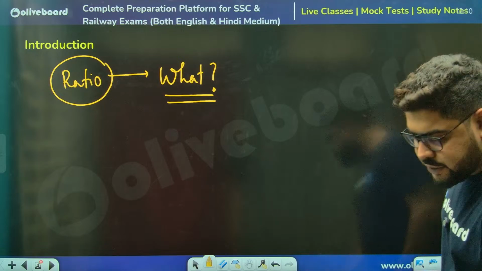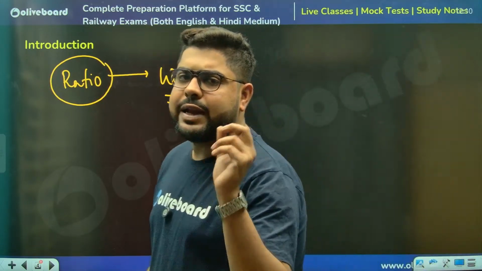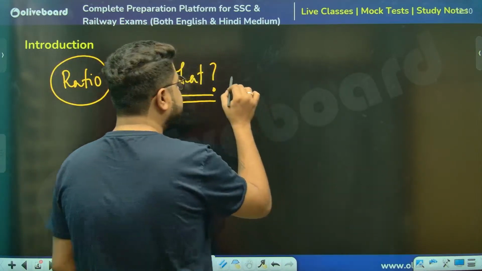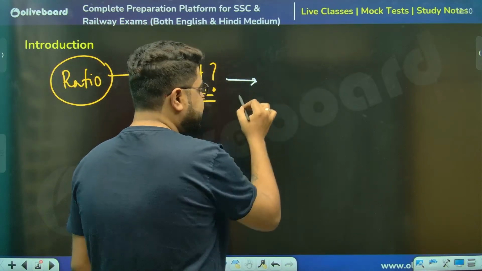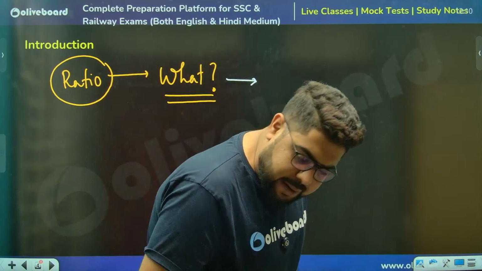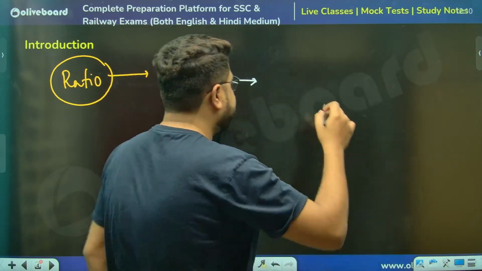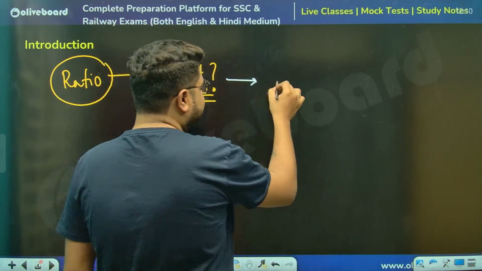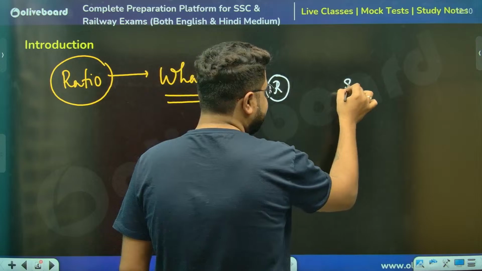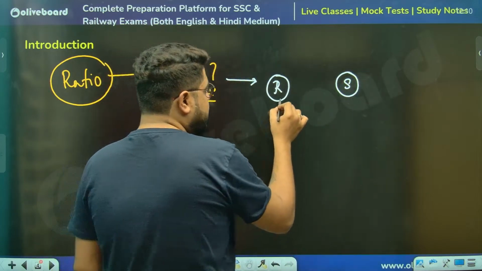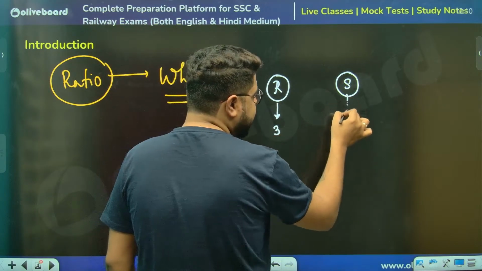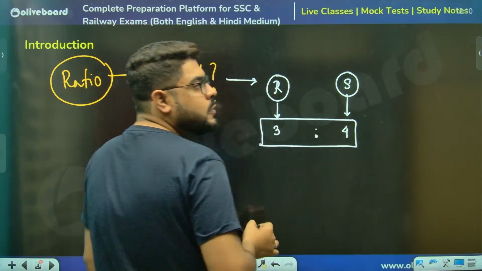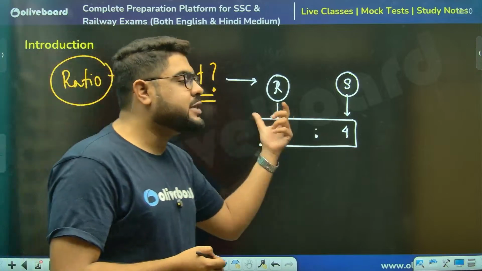Please understand, ratio at the end of the day is a very, very relative term. What do I mean by relative? Say, for example, Rohit and Sagar. If I say Rohit's income and Sagar's income are in the ratio 3:4, these are not absolutes.